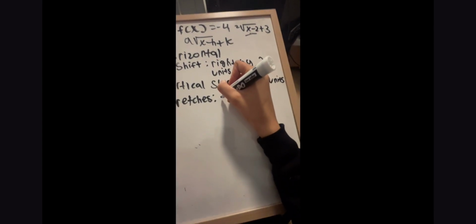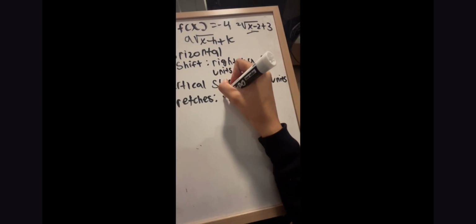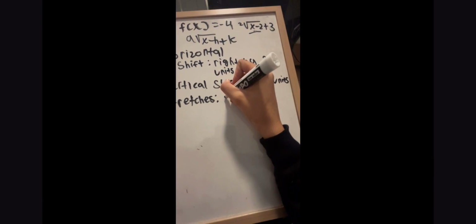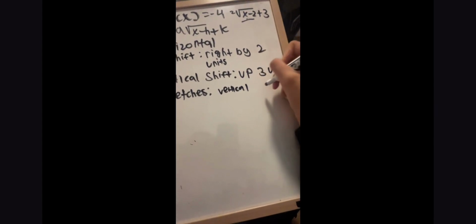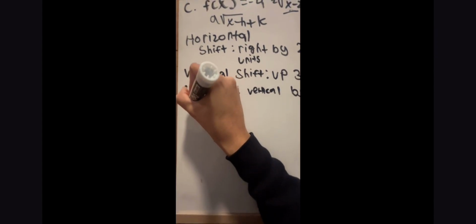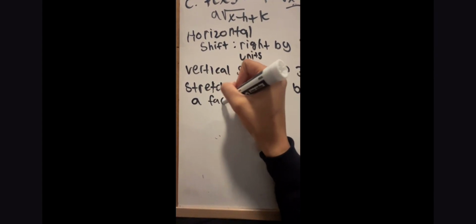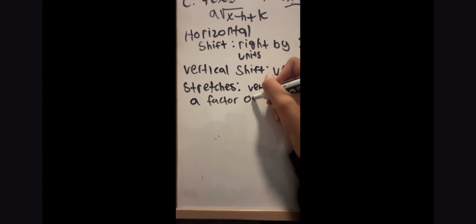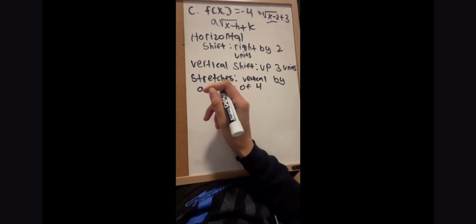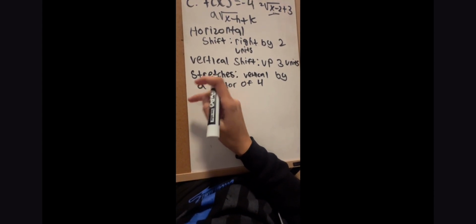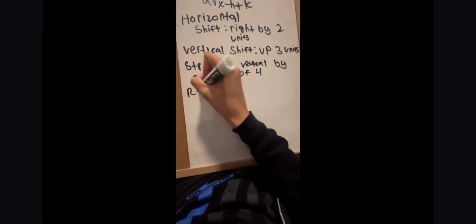So it's going to be stretches vertical by a factor of 4. Perfect. Okay, so the next thing that we're going to look at is the reflection. Where is it reflecting?